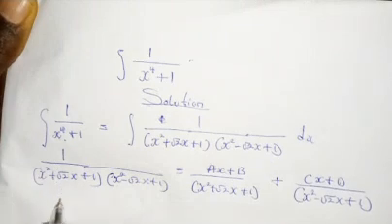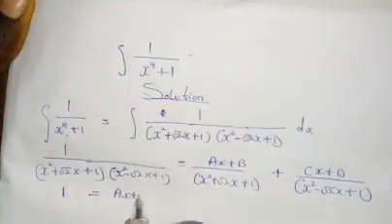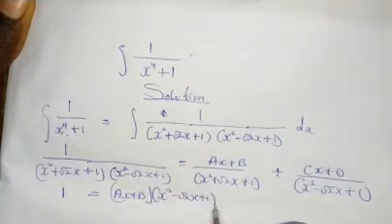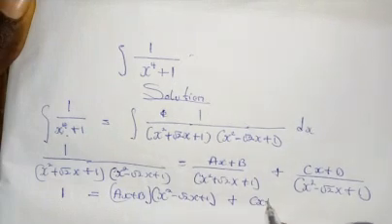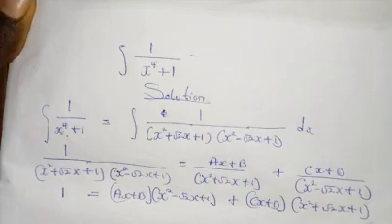Now let's cross multiply it. Therefore, we are going to have 1 equals (ax plus b) multiplied by (x squared minus root 2 x plus 1) plus (cx plus d) multiplied by (x squared plus root 2 x plus 1).